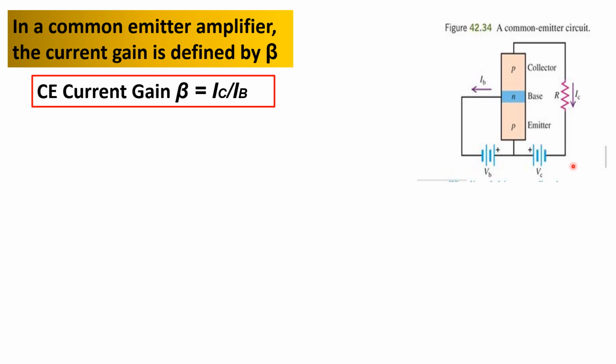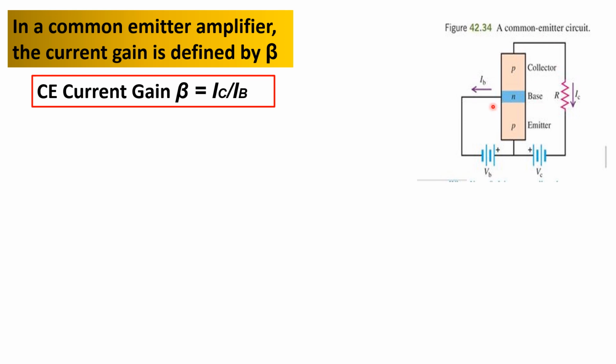So again, earlier we described that the collector, in this case, is a p-type material. Notice that it is connected to the negative terminal of the battery, so it is in reverse bias.